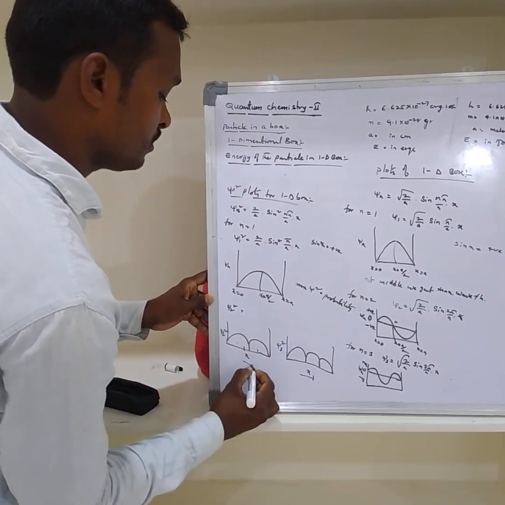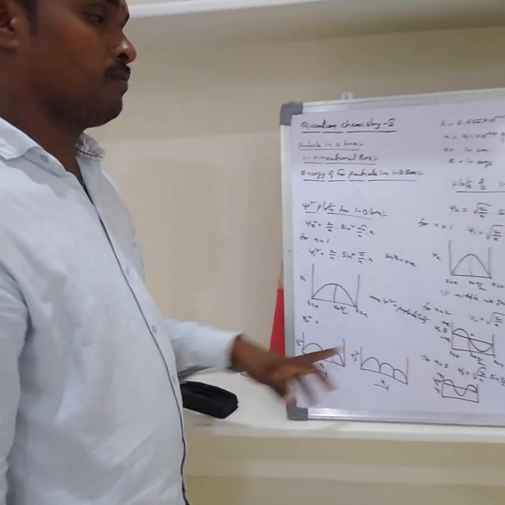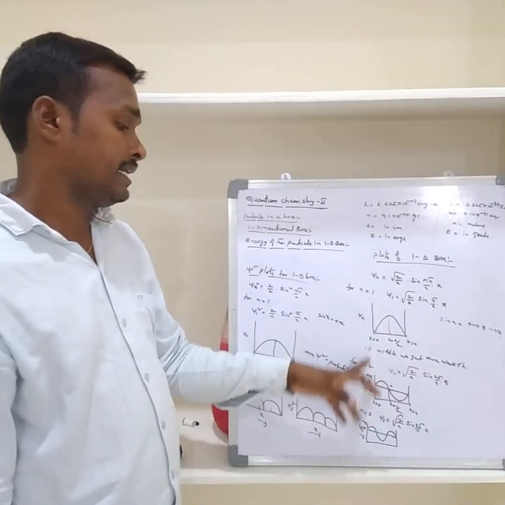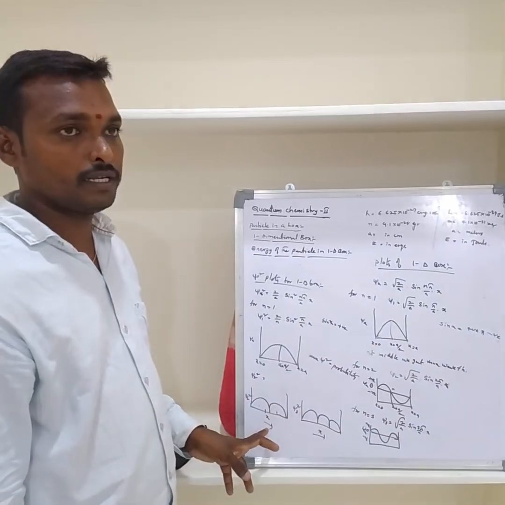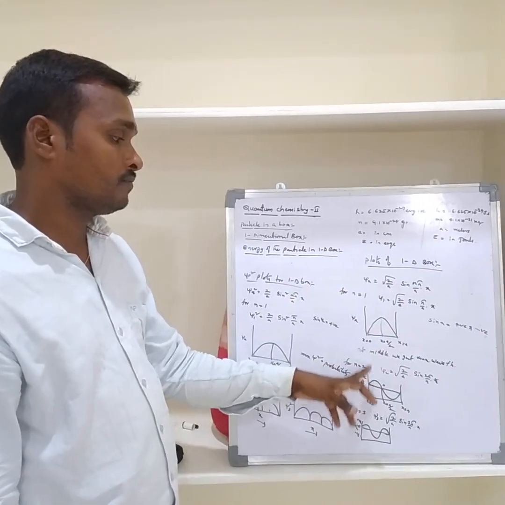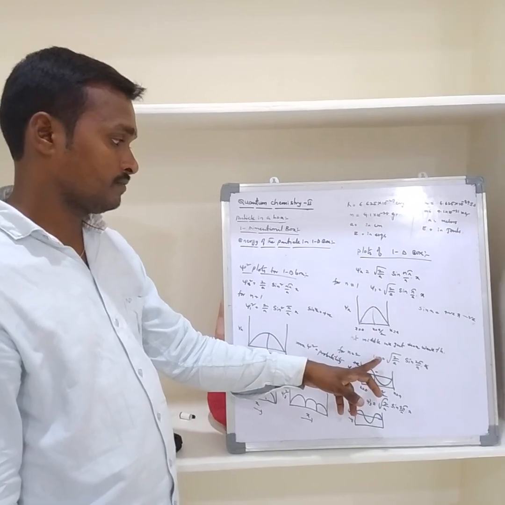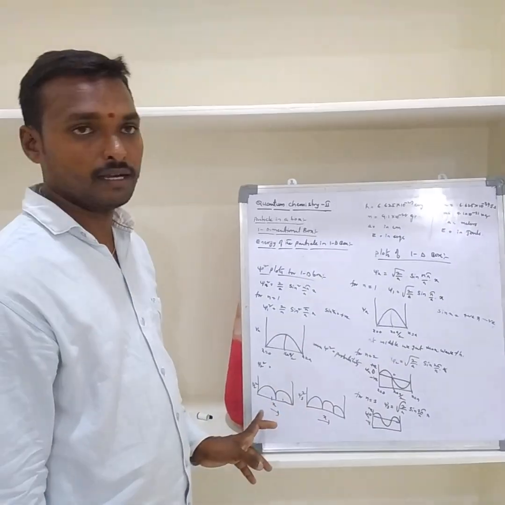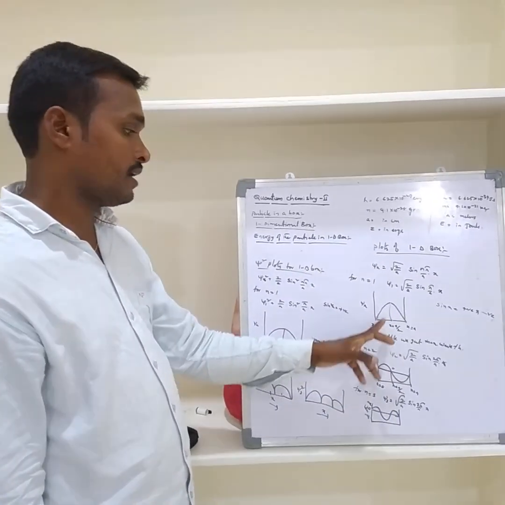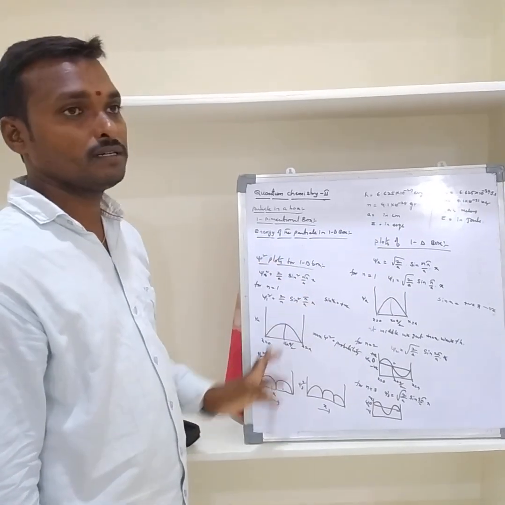So what we observed in all the plots, the conclusion, is that as n increases, the number of half nodes increases, but the height of the node is greater in the psi plots compared to the psi square plots.